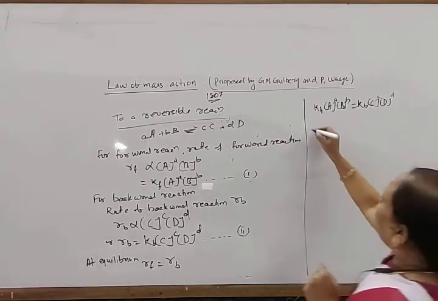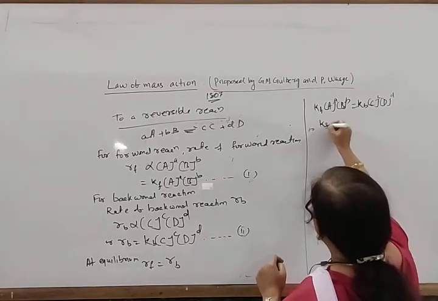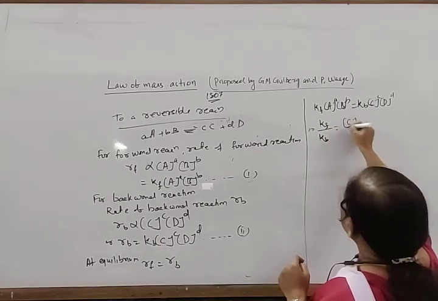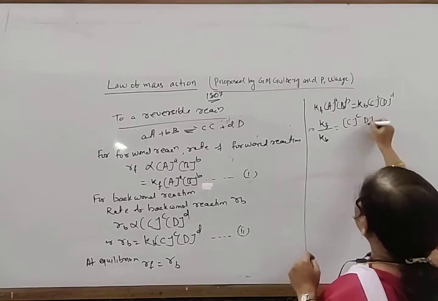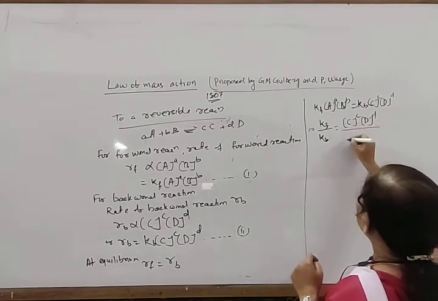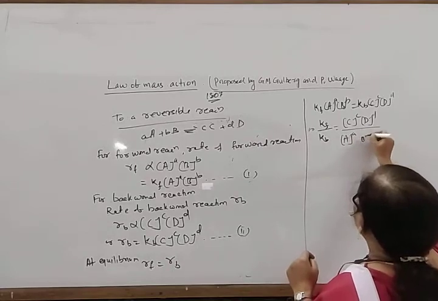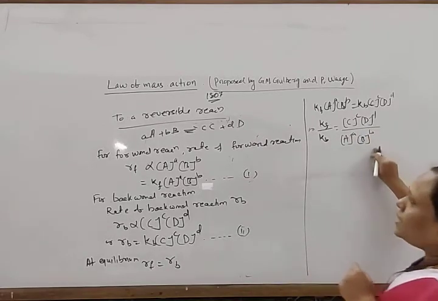Or Kf by Kb is equal to [C] to the power c into [D] to the power d divided by [A] to the power a into [B] to the power b.